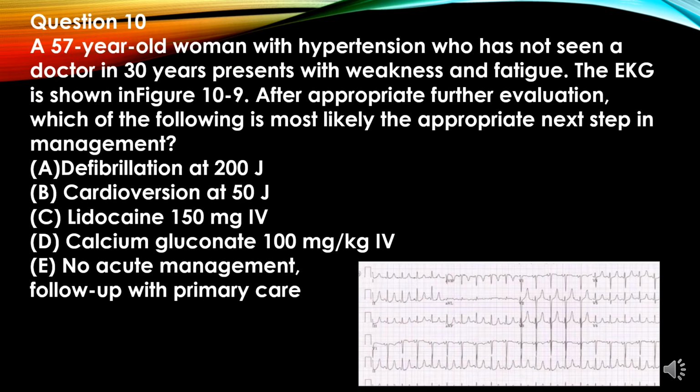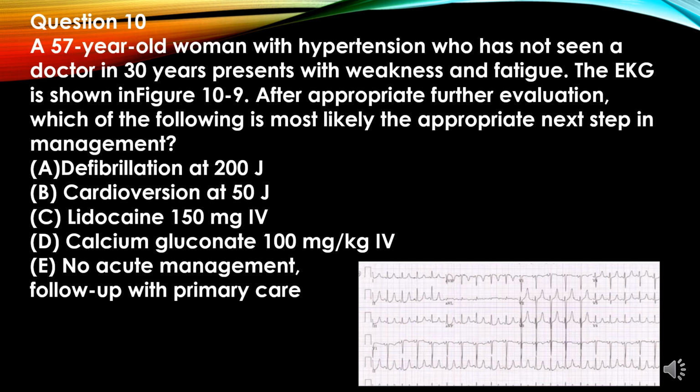Question 10. A 57-year-old woman with hypertension who has not seen a doctor in 30 years presents with weakness and fatigue. The EKG is shown. After appropriate further evaluation, which of the following is most likely the appropriate next step in management?